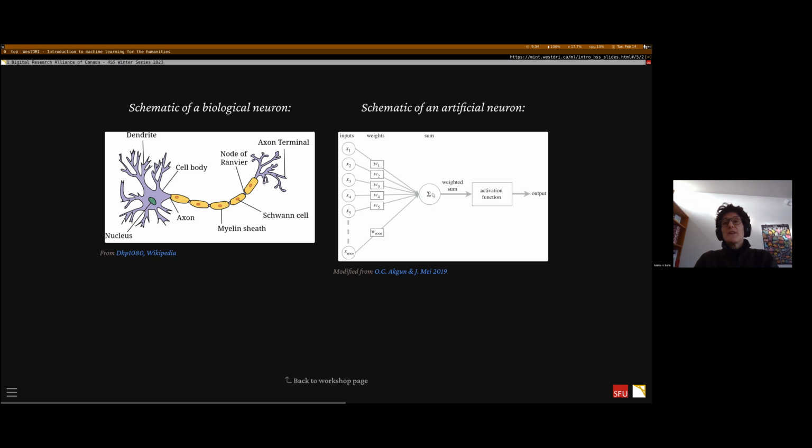So it's really very simple arithmetic that is at play inside an artificial neuron. And then your weighted sum is passed to an activation function, and you have an output, which is also a number. So in the biological system, you have a bunch of electric signals. In an artificial neuron, you have a bunch of numbers, but the schematic, theoretical function is similar.